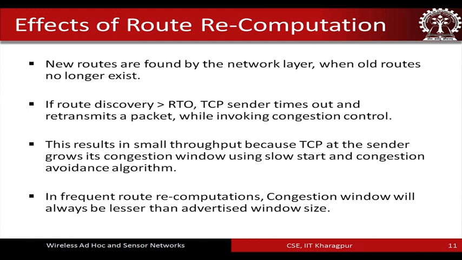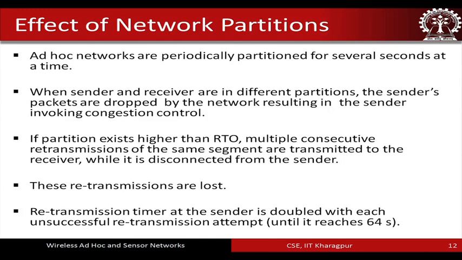In case of frequent route recomputations, the congestion window will always be lesser than the advertised window size. So, this again brings down the throughput drastically when we are trying to use the internet TCP in the case of MANETs.